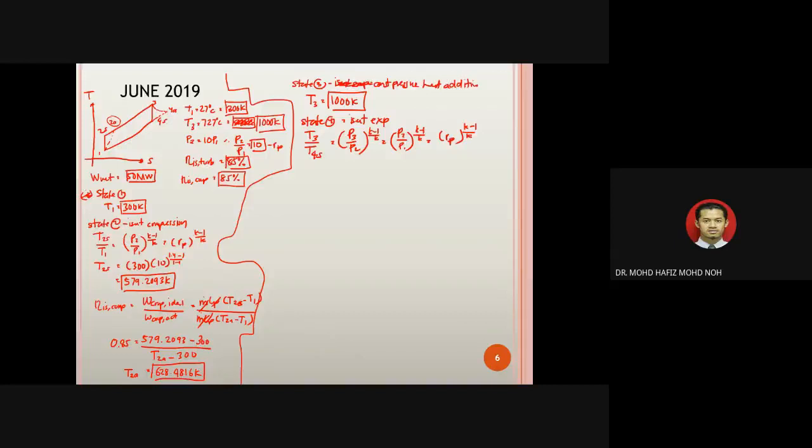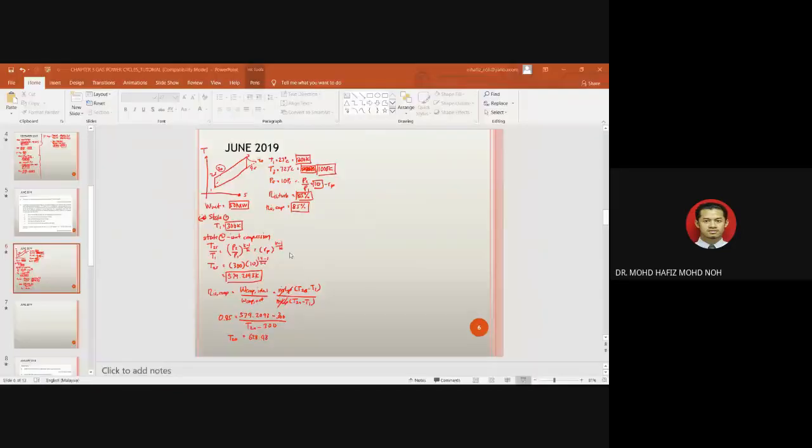So the value of T4S can be found by using this formulation. T3 is equal to 1000 Kelvin, and rp is equal to 10, with k equal to 1.4. So from here, you will get the value of T4S.